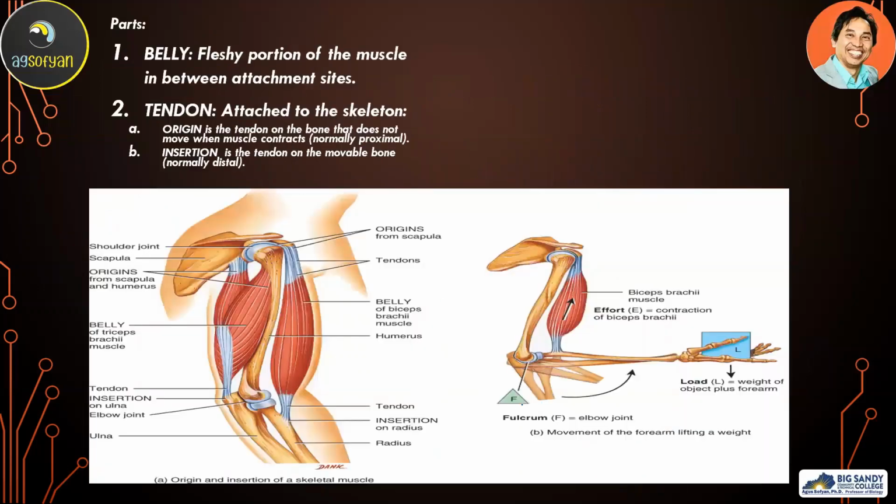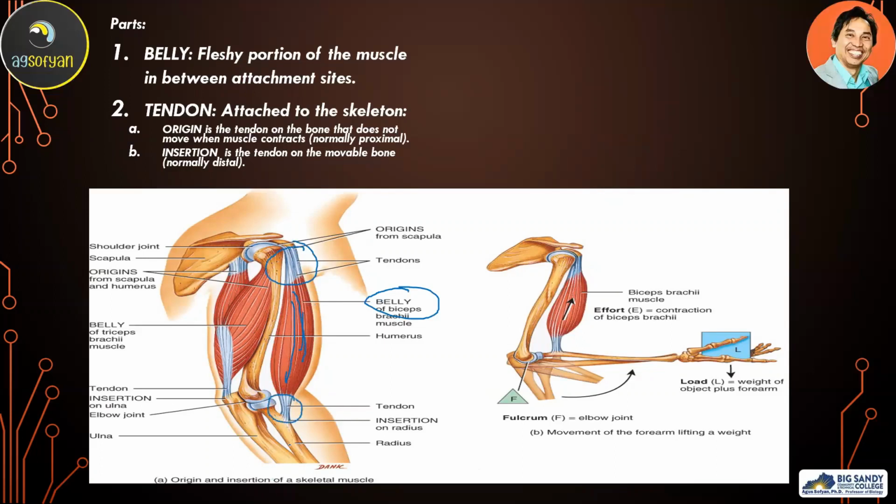Okay, so again, this is the schematic picture of this muscle. The middle part is called the belly, which is actually the meat or the muscle. And the two parts over here are the tendons.